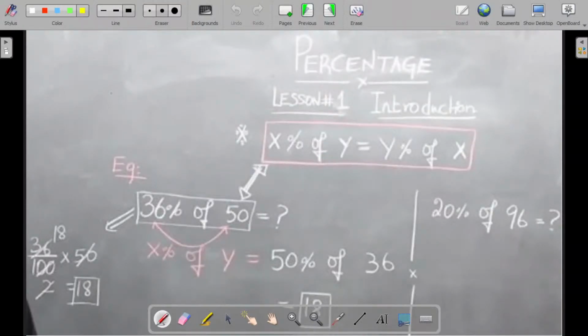So there is one more concept you already know, that is x percentage of y. x percentage of y is equal to y percentage of x.